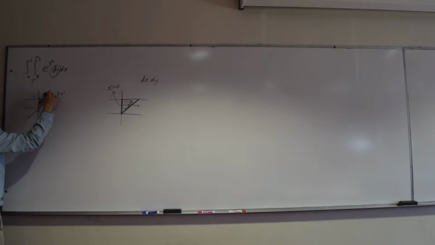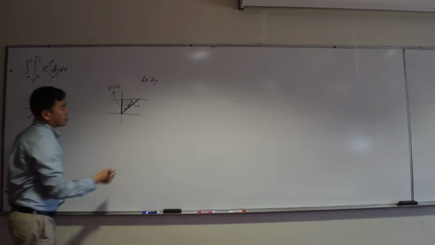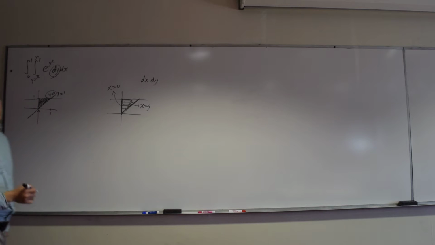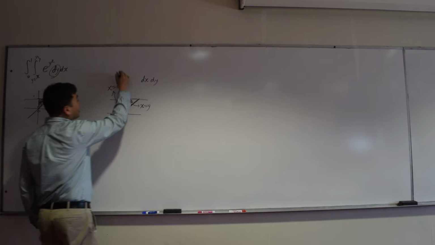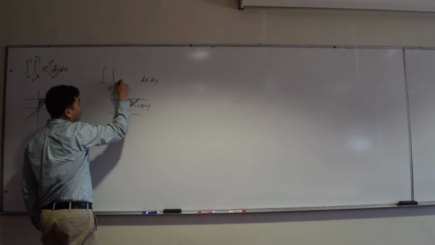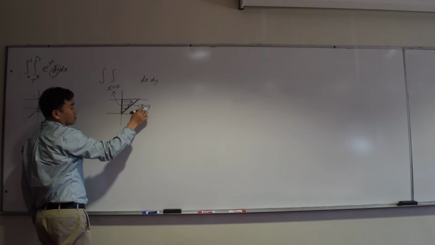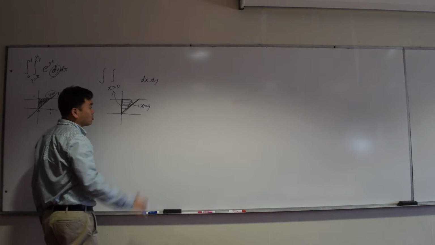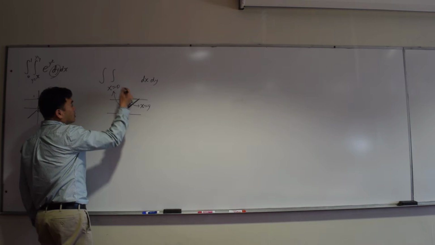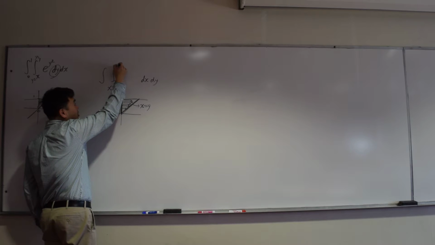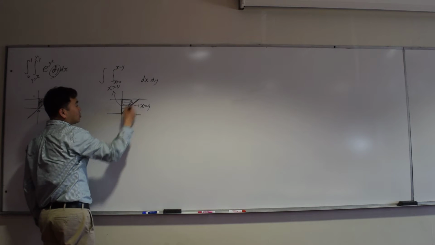This is y equal to x, right? If you have dx inside, the values that you put here should be x equal to something. So rather than writing y equal to x, you should write x equal to y. So you have x equal to 0 as the starting point of the brushes, and x equal to y as the ending point of the brushes.